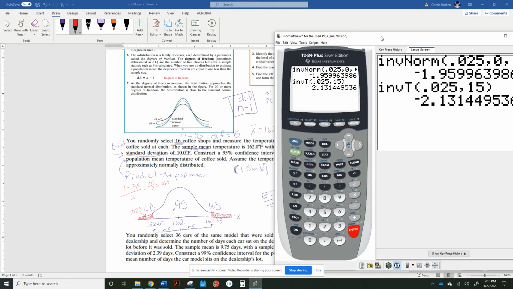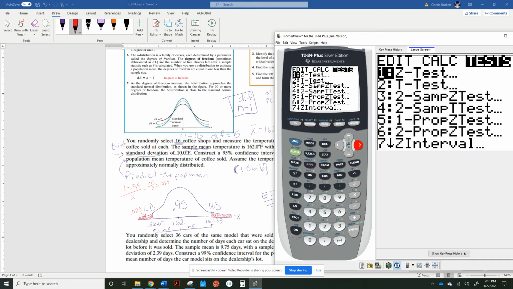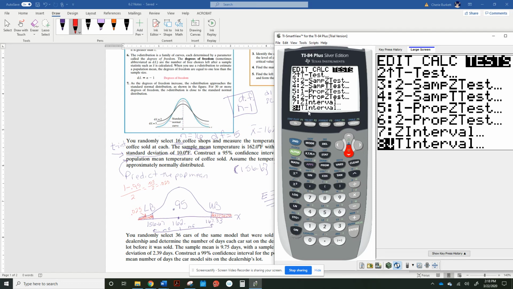Okay, so that's how you can use the calculator on that, but you can also use the calculator to find this interval. You go to Stat, and then we go over to tests. And this is a T, but not a T test. This is a T interval. So I'm assuming that it's going to be option number 8, because there's Z interval and this is a T interval.